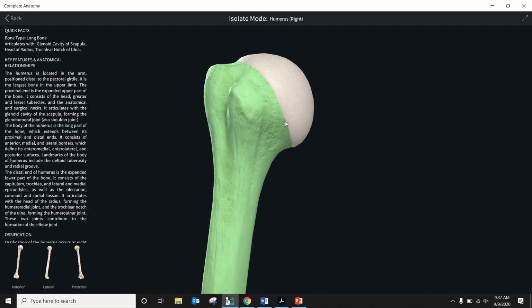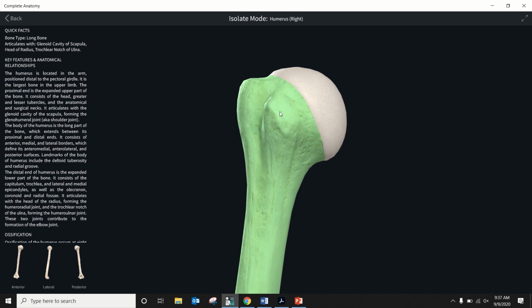Then the next thing is the greater tubercle. So again, at this point, you're looking at the right humerus from the front. So the humeral head is on the medial aspect, and so out here is our lateral aspect. You'll notice, and you'll see the same thing tomorrow, that there are two knobs. There's one knob right here, and then there's another pretty obvious bony knob right there. Right now we're talking about the more lateral of the two.